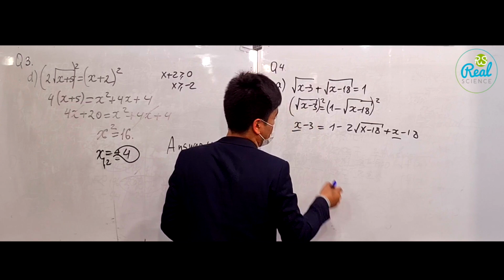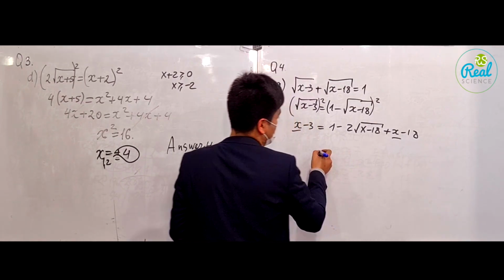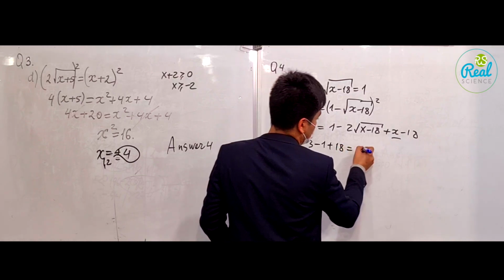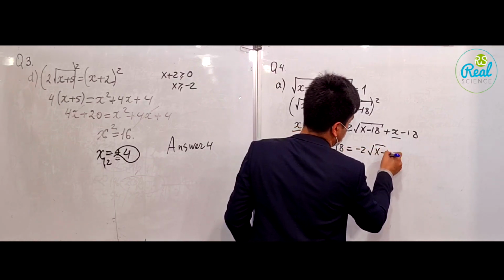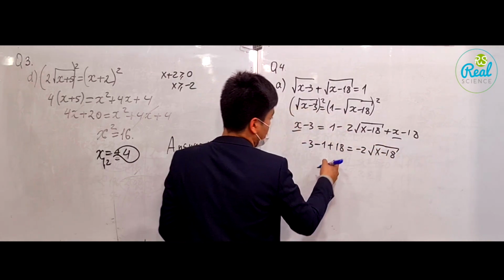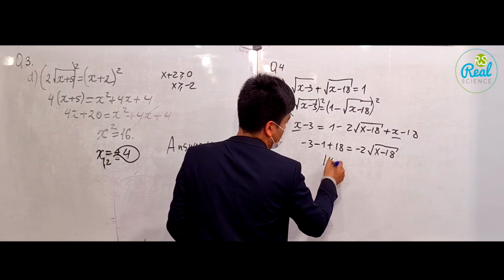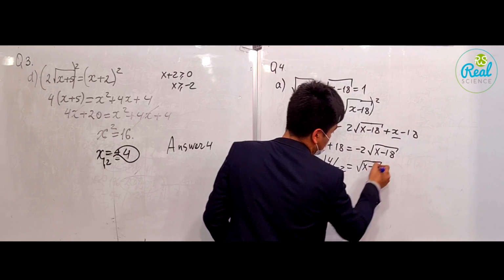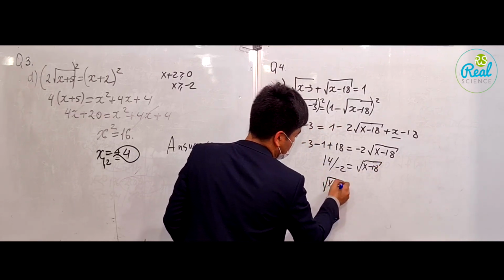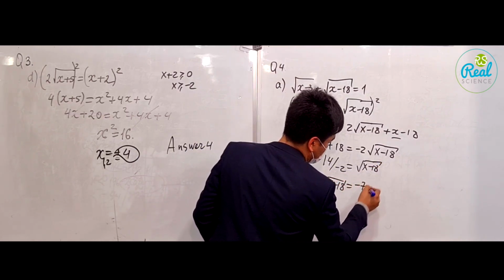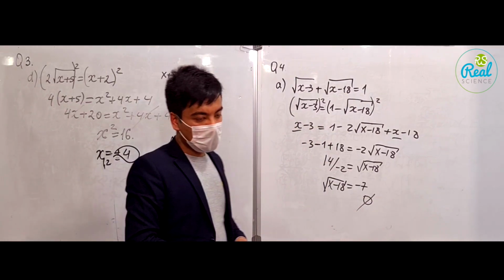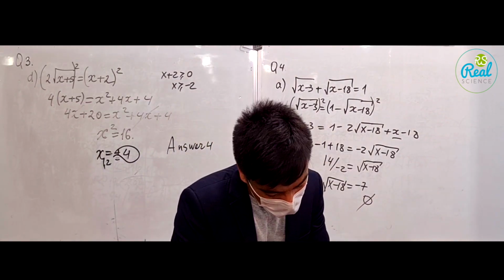X's are the same, yeah? And minus 3 minus 1 plus 18 equals minus 2, x minus 18. Yeah? It's going to be now 14 minus 2, x minus 18. X minus 18 equals minus 7. There is no solution.